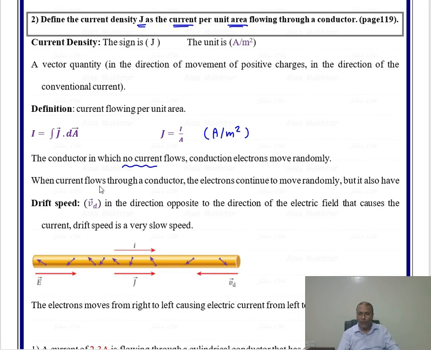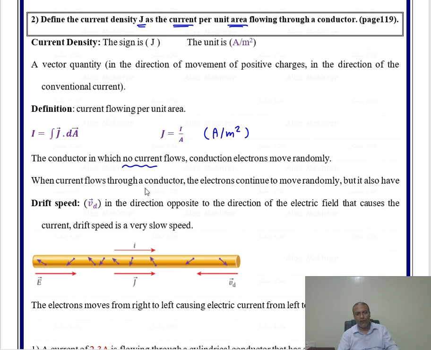When the current flows, the electrons continue to move randomly, but there is another motion in the same direction at slow speed, named drift speed.